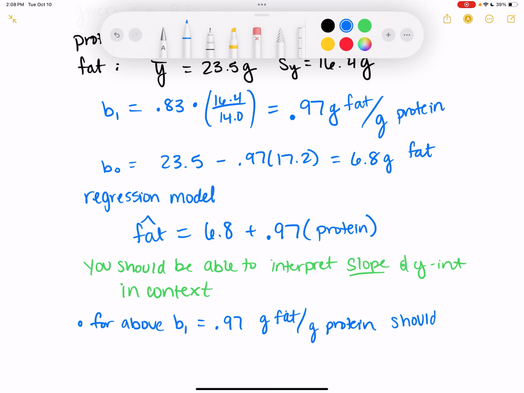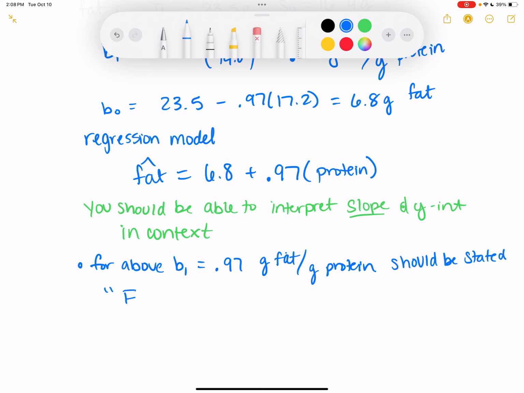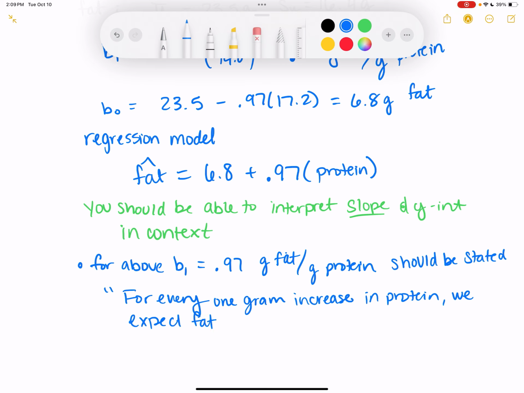Should be stated: for every 1 gram increase in protein, we expect fat to increase by 0.97 grams.